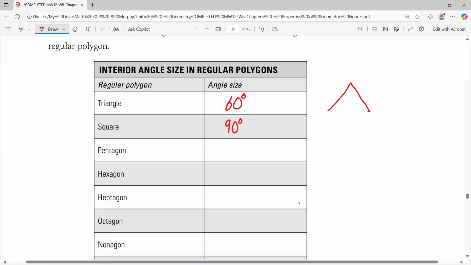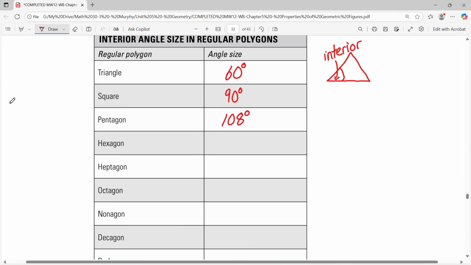So just a reminder, what we're doing is we're finding interior angles. And for pentagons, it is 108. We're not going to go through and do each calculation. I'm just going to give them to you on a table here.